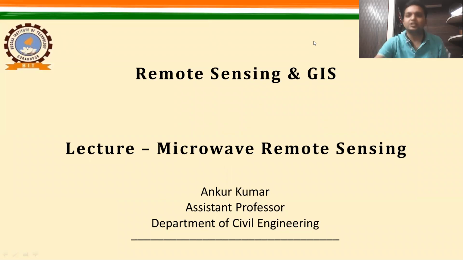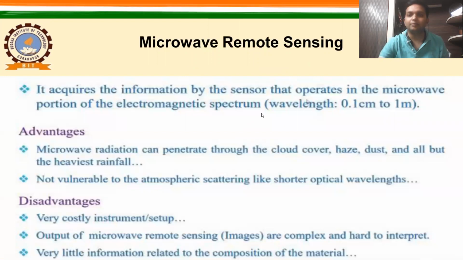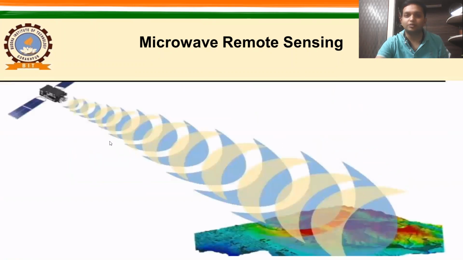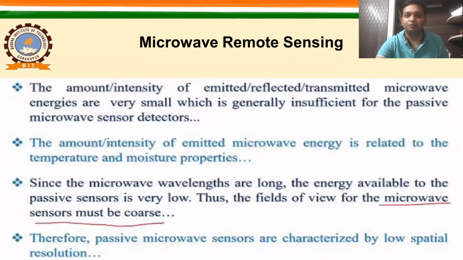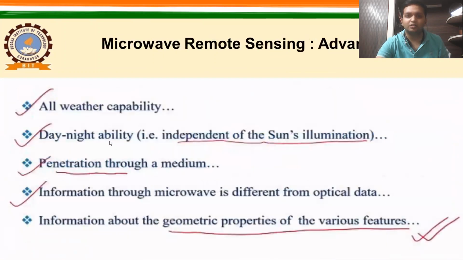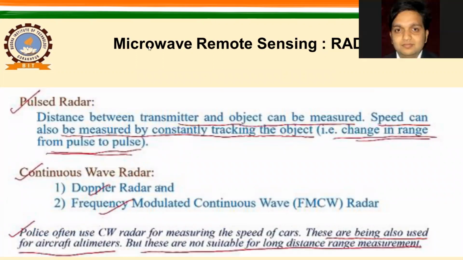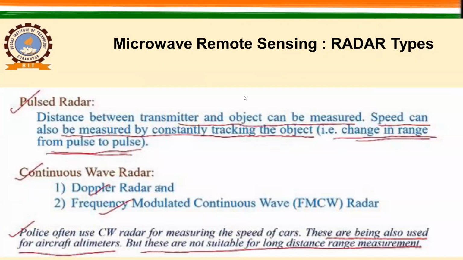In the previous lecture, we discussed a brief introduction of microwave remote sensing, and also talked about two different types of microwave remote sensing. Now we have to start with another concept, that is microwave remote sensing radar types. So we will start with the radar types in this lecture.